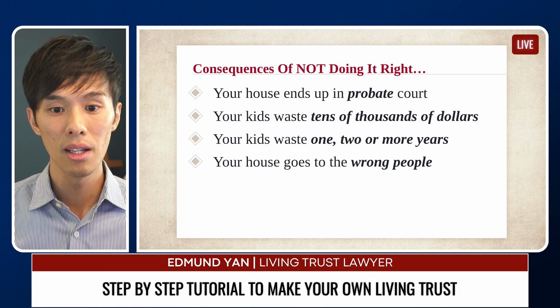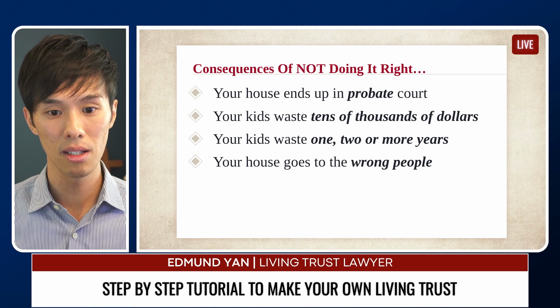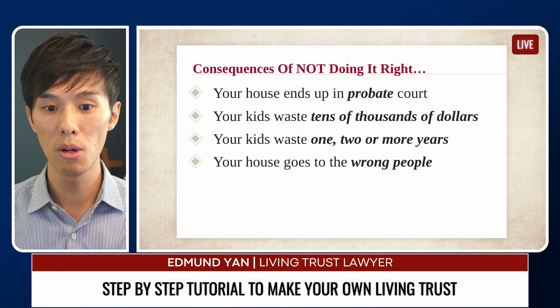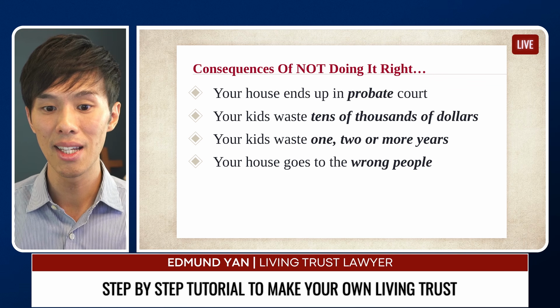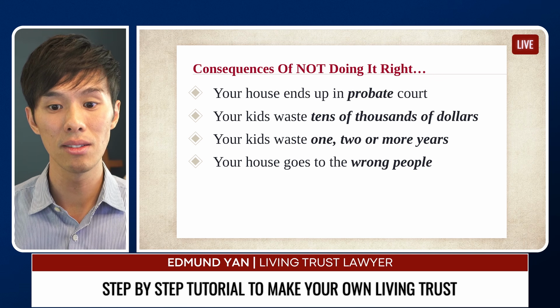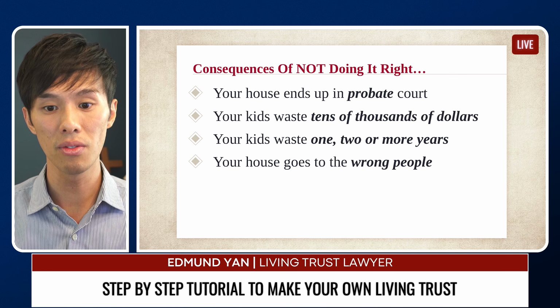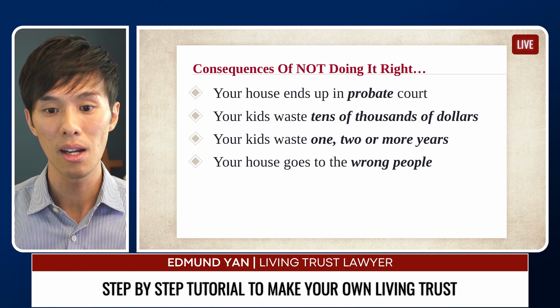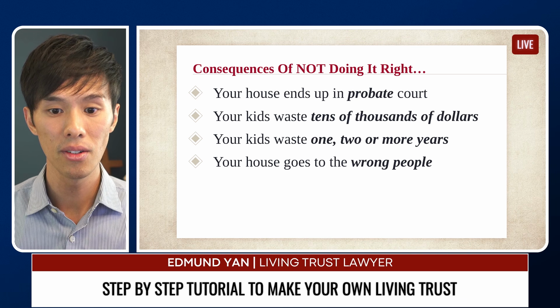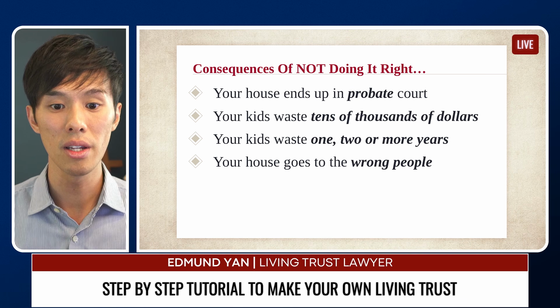And so here are the consequences of not doing it right. Your house ends up in probate court, which defeats the purpose of why you're doing this. Your kids end up wasting tens of thousands of dollars in probate court because there's fees, attorney's fees, costs, and also time away from work. That's going to cost them a lot. And your kids are going to waste 1, 2, or more years in probate court.